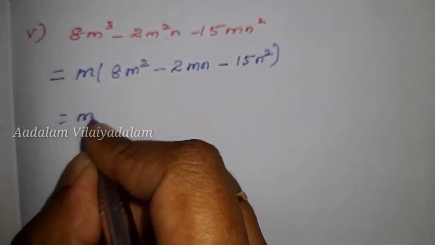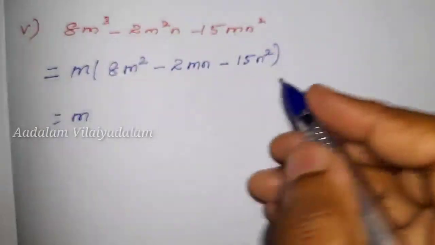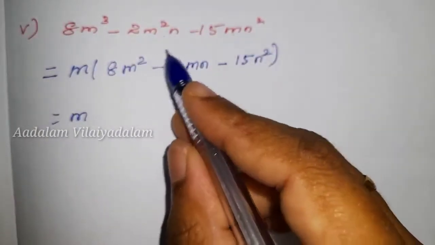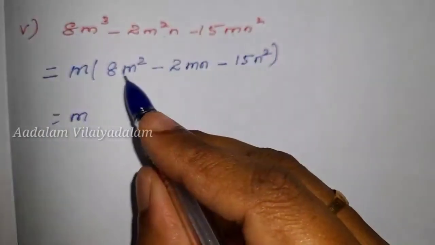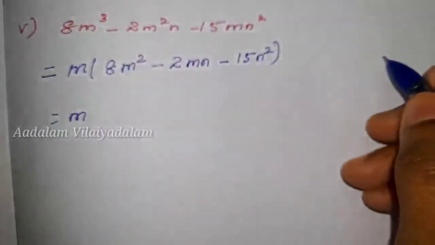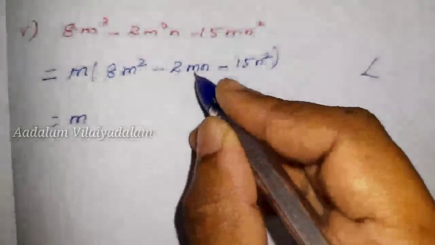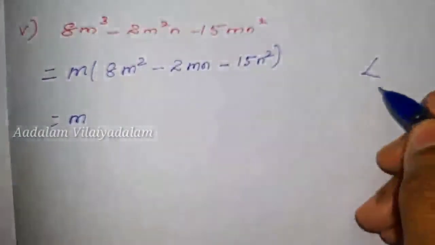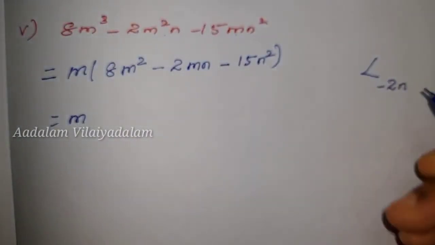Write m as it is. Now we factorize. The sum of the factors is the coefficient. This is the quadratic equation in terms of m. The sum of the factors, the coefficient of m, is minus 2n.